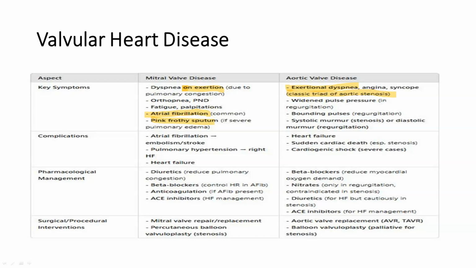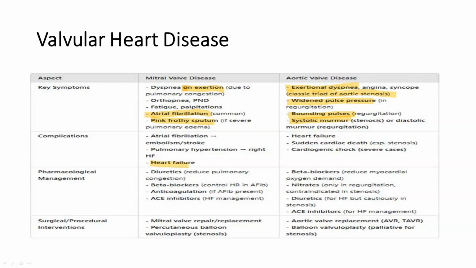Whereas with the aortic valve, now we're talking about a widened pulse pressure, bounding pulses, and new extra heart sounds related to the stenosis. Complications are fairly straightforward. You can have dysrhythmias, you can have embolism, you can end up with pulmonary hypertension, which is going to manifest as right-sided heart failure or just heart failure in general.